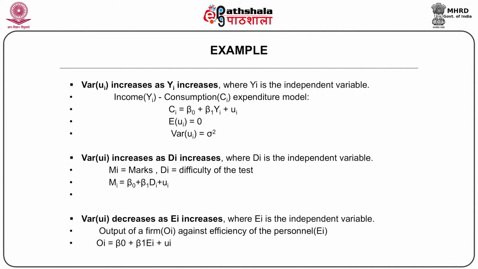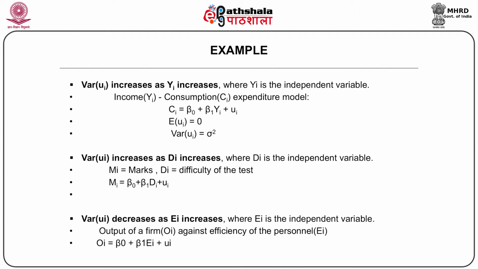Let me present 3 more examples of regression models where heteroscedasticity is present. Suppose in our model, consumption expenditure is denoted by CI and is considered the dependent variable, and income denoted by YI is the independent variable. In this model, the variances of the error term UI increase as YI increases. In the second example, we have the independent variable DI, which denotes the difficulty of a test, and the dependent variable MI denotes marks obtained on the test.